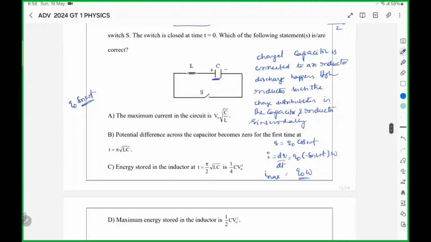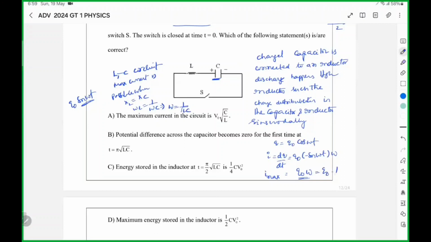And here in LC circuit, maximum current is possible when XL is equal to XC. That is omega L is 1 by omega C. Omega is 1 by root LC.